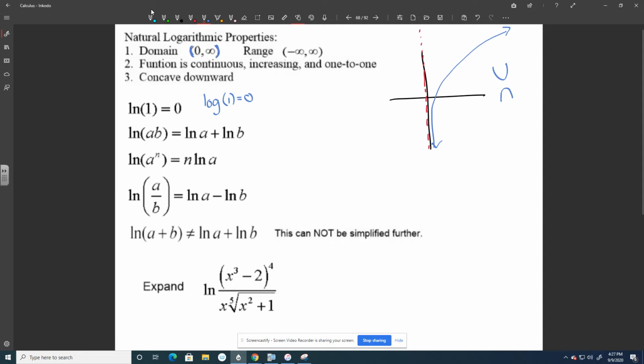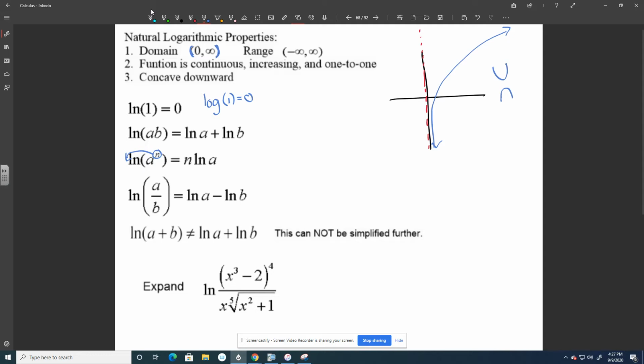If I'm taking the natural log of a times b, that's the same as the natural log of a plus the natural log of b. The natural log of a raised to the n, I can take this n and move it out in front, and it's n times ln of a. And then the natural log of a over b is equal to the natural log of a minus the natural log of whatever's on the bottom.